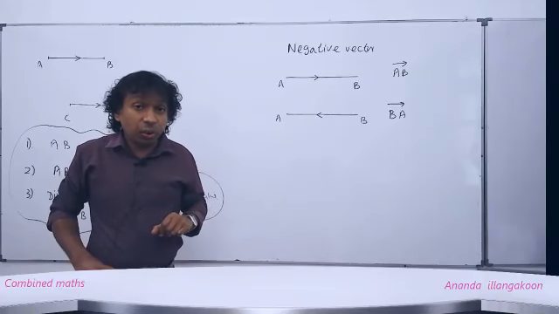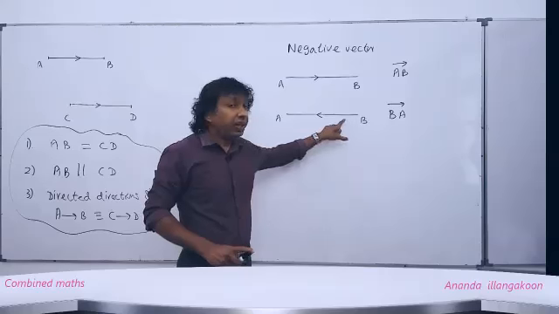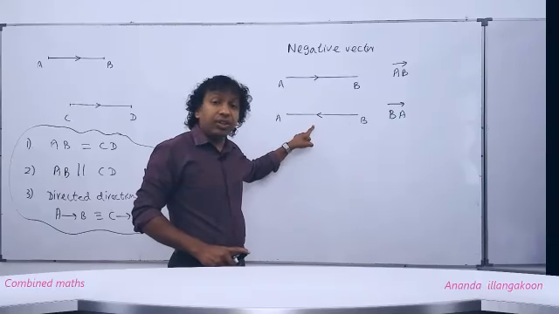So this BA vector is called the negative vector of AB.